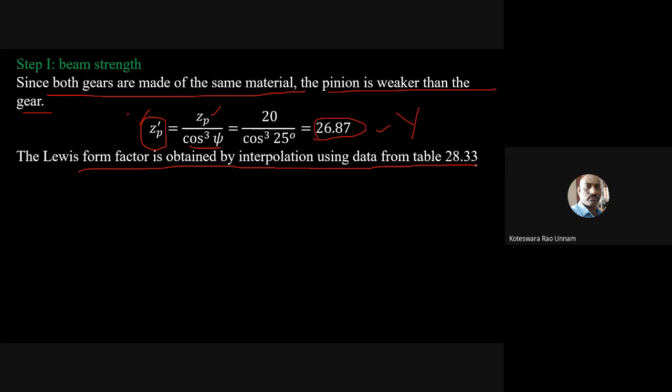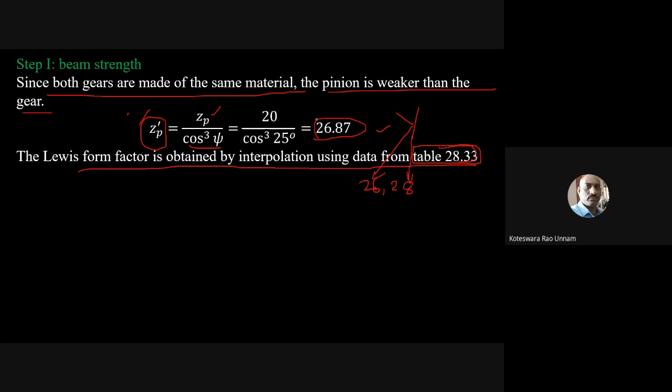Whatever data I shared with you, the table number 28.33, you need to use it for calculating this Lewis form factor. In that table you don't have fractional numbers. You have 26 teeth, and after 26 you have 28. So the Lewis form factor is available for 26 teeth or 28 teeth in table 28.33.